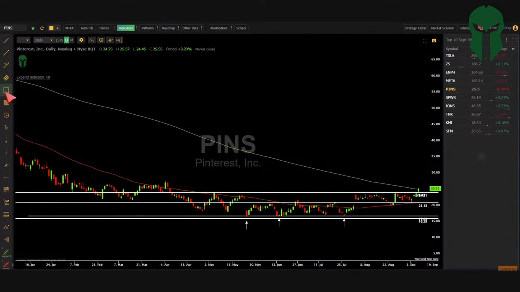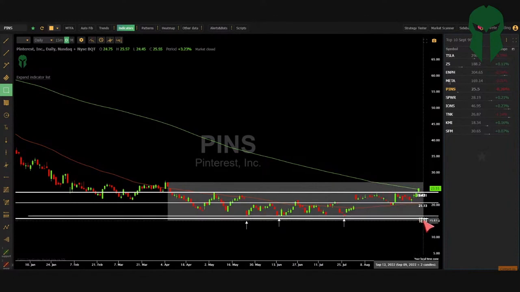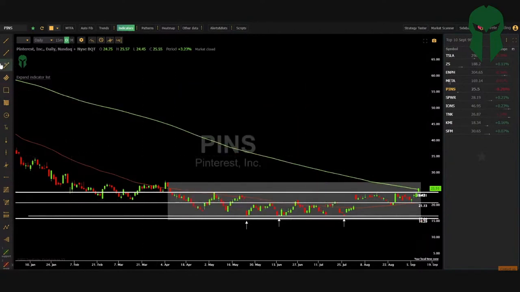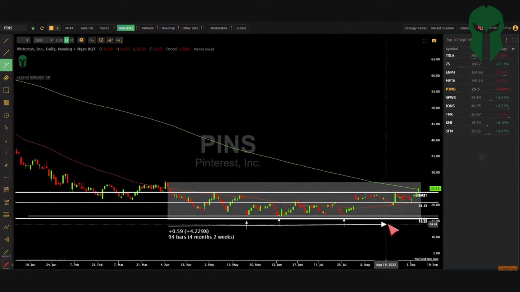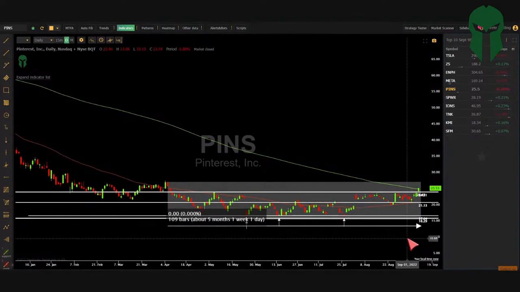If you take a look at this while we're just waiting for questions, if there aren't any, that's fine. But if you just take a look at that level right here, and then you just go from here and look at the size of that base. Okay, you're like 6 months, and now you're flipping it.